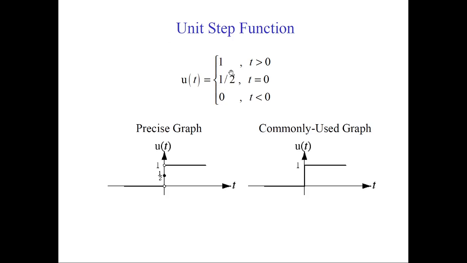At t equal to 0, its amplitude is half, just greater than t equal to 0 its amplitude is 1, and for t less than 0, its amplitude is 0. For t less than 0, the signal is completely absent.